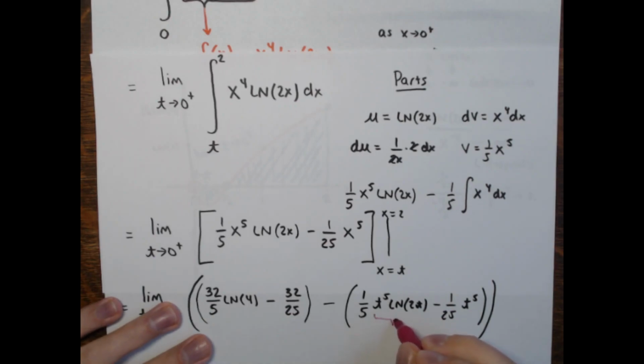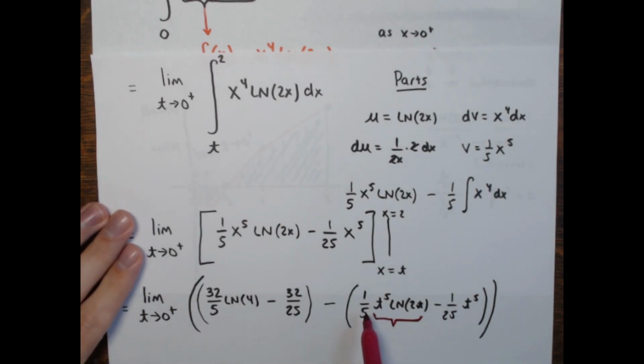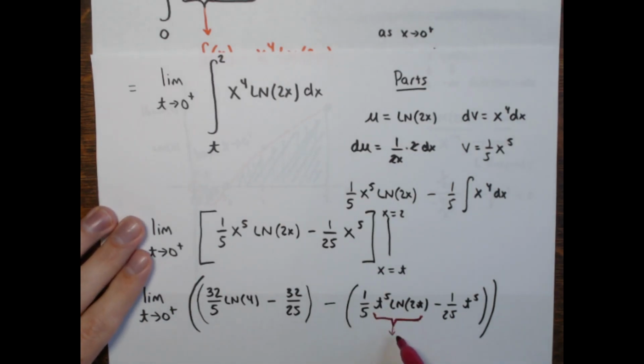Now, based on the work I did earlier with L'Hopital's rule, when we had x to the fourth times the natural log of 2x, that approached 0. Well, this is t to the fifth. That's going to go to 0 even faster than x to the fourth. So this will be approaching 0. Again, you can set up a L'Hopital's rule thing again like I did earlier. This would also be approaching 0. So you have 0 minus 0 here, right?